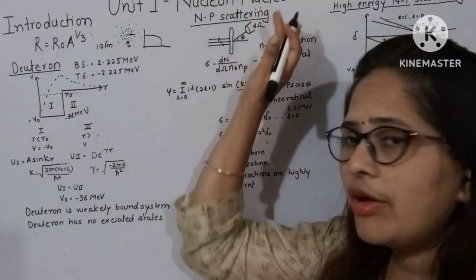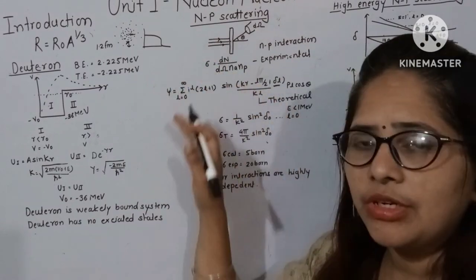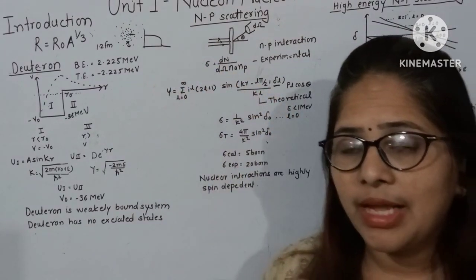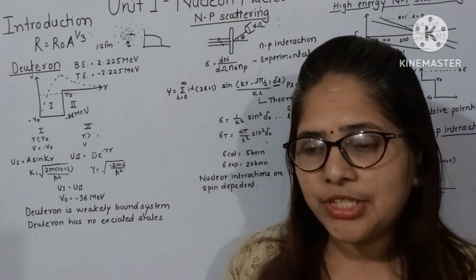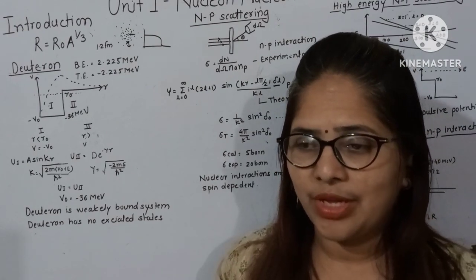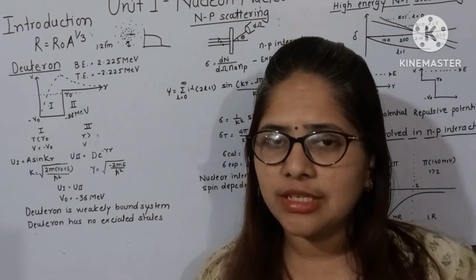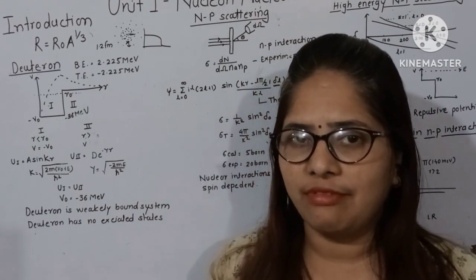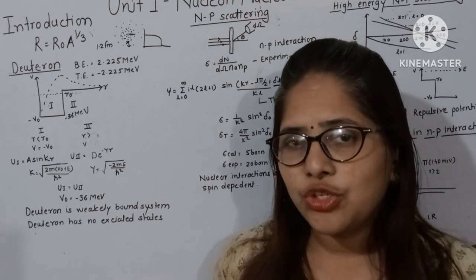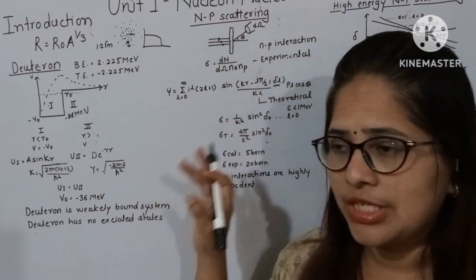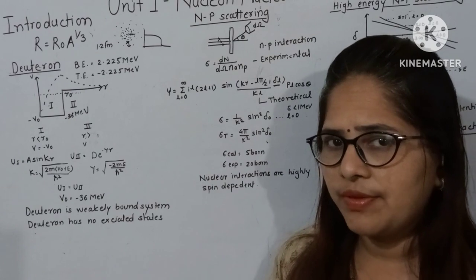We have done all these theoretical calculations by taking the potential to be central. It means that the potential depends only on the distance and is independent of theta and phi. That is what we assumed in our theoretical calculations, and there is a lot of difference between these two.